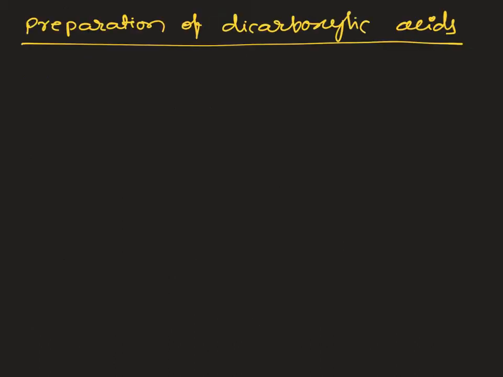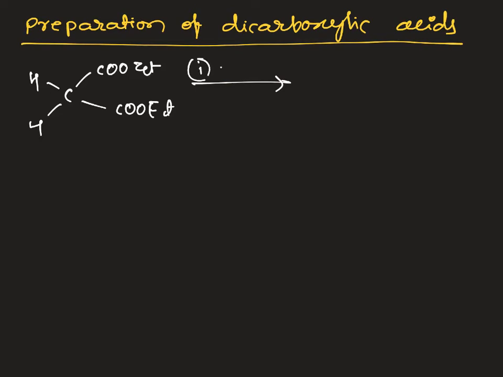Next is preparation of dicarboxylic acid. We can prepare a dicarboxylic acid by using diethyl malonate. The first step is common. If I add sodium ethoxide, it abstracts a proton and generates a carbanion.